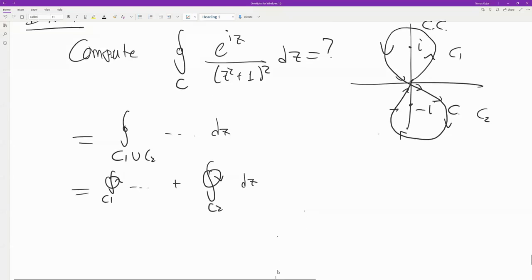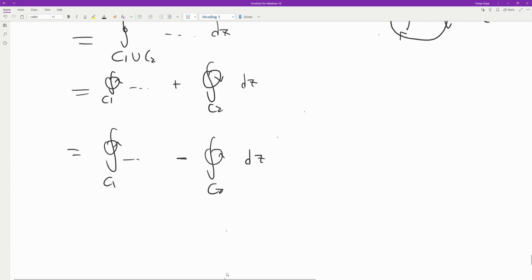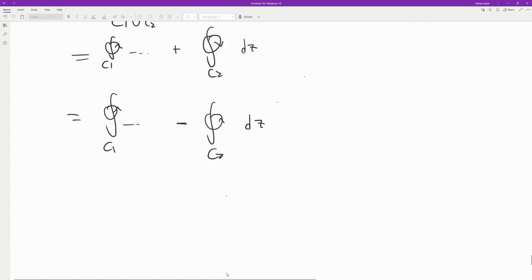But we want both of them to be counterclockwise. That's what we call positive orientation by convention. So we have to put a minus over here. All right, anyhow. So now let's find each contour.